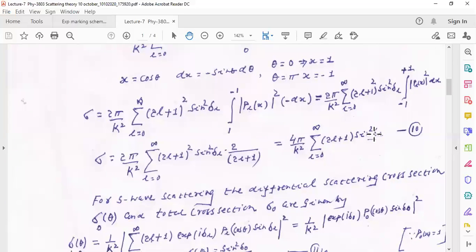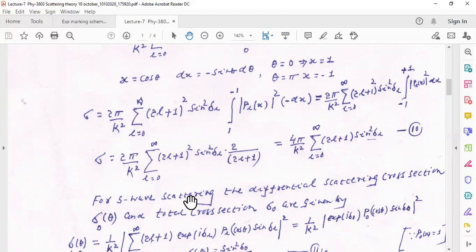Okay. Now, if you want to calculate the differential scattering cross section and total scattering cross section for the S wave scattering, only for the S wave, the contribution of scattering cross section because of the S wave, I would say.